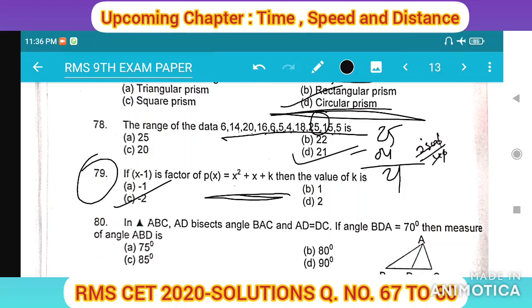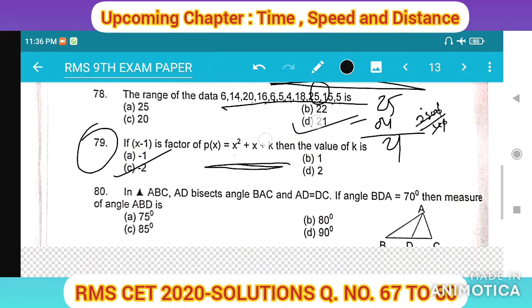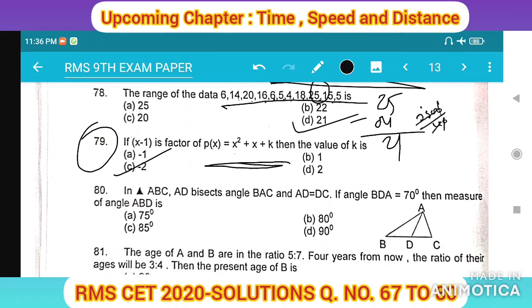Next, 80. In triangle ABC, AD bisects angle BAC, and AD is equal to DC.